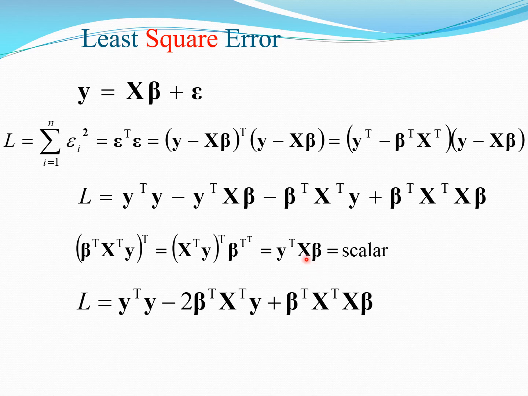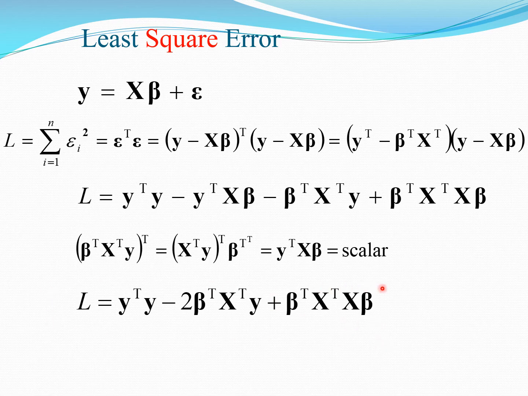So therefore we have two such terms, and therefore we can write L in this form here, that you have the y^T y term from here, you have minus 2 into beta^T X^T y, and then you also have the last term here, beta transpose X^T X beta.